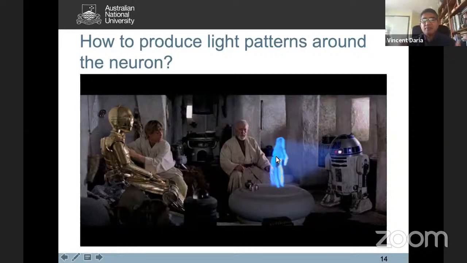Practically, if you change the hologram, you can change the pattern. If you place a neuron along this, there will be bright spots where some parts of the neuron would respond, and dark spots where some parts of the neuron won't respond. The physics of that is well known, and holographic projection has been around for several years already.